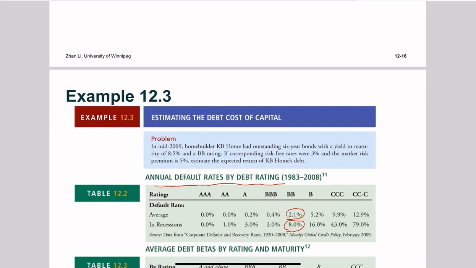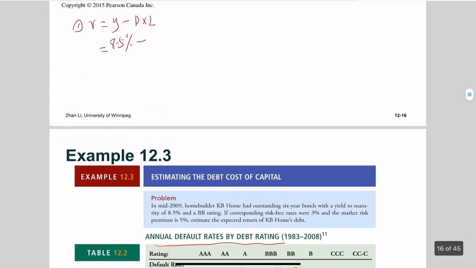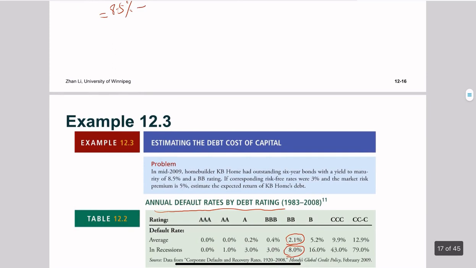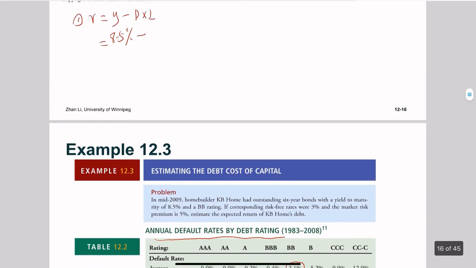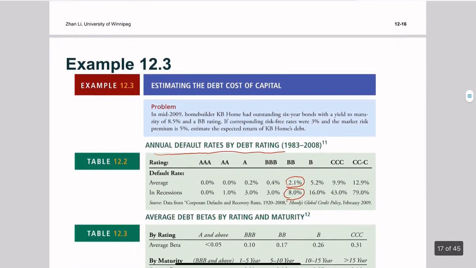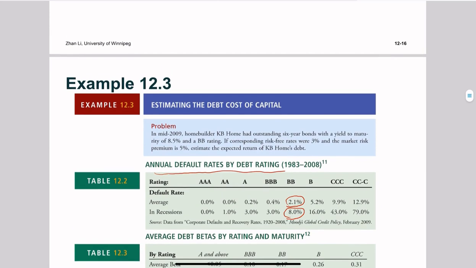June 2009 is the last month of the last recession. So here we will use 8%. In your exam, you don't really need to care about whether this is in recession or not, because if a table like this will be used, I will just tell you whether it's in recession time or in non-recession time.